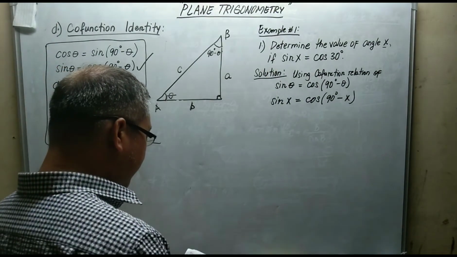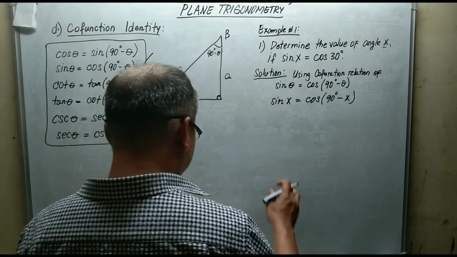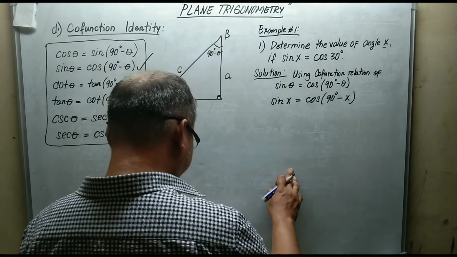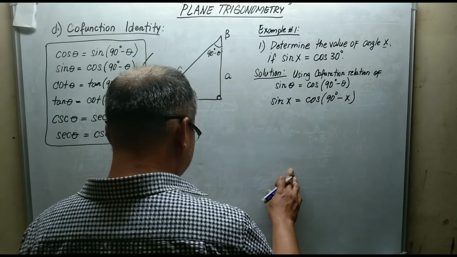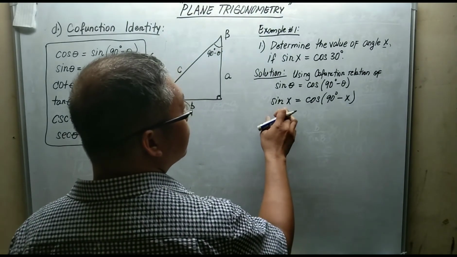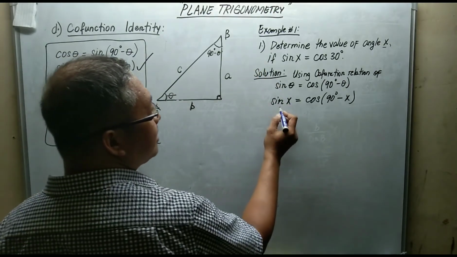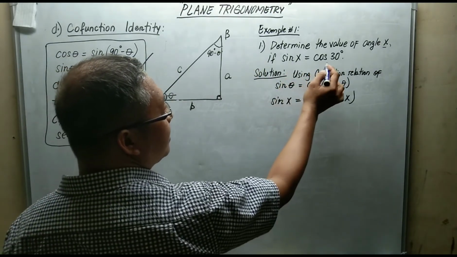Now, as you can see, guys, what will be the value of sine x as per the given problem? The given problem is the value of sine x is equal to cosine 30 degrees.